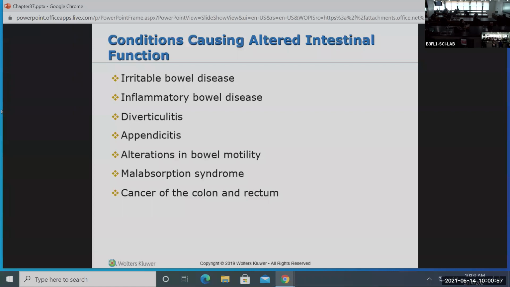Now, next is malabsorption syndromes or cancers of the colon and rectum. Cancer of the colon and rectum, patients usually present with some bulge on the mucosal surface. And when we do digital rectal examination, we do feel that swelling we call polyp.